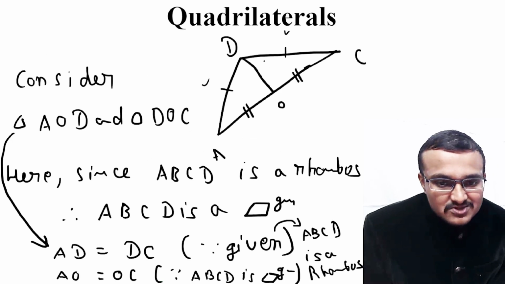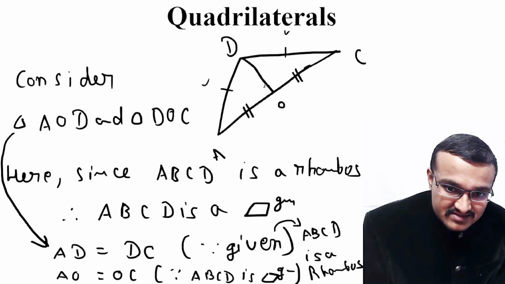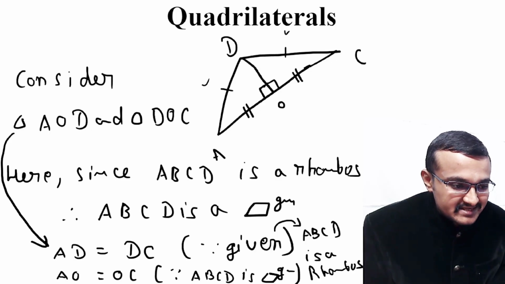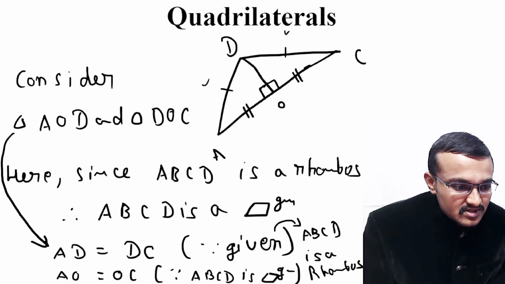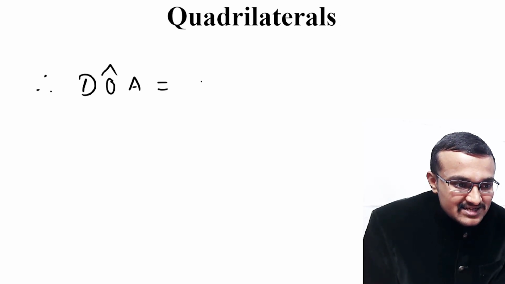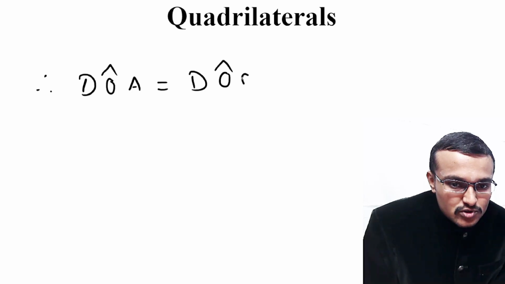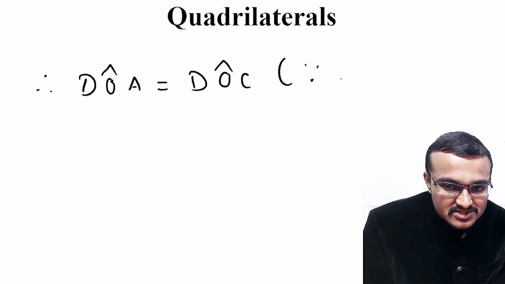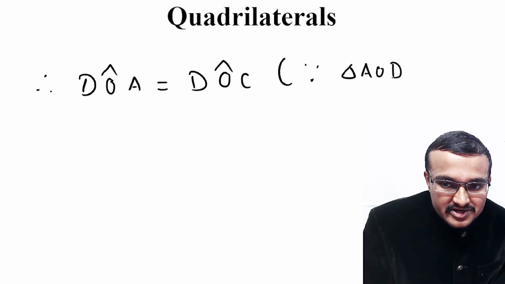Since these two triangles are congruent with each other, this particular angle and this particular angle will be equal to each other. Therefore, angle DOA is equal to angle DOC. This is because triangle AOD is congruent with triangle DOC.